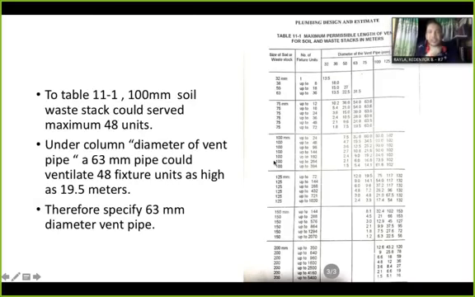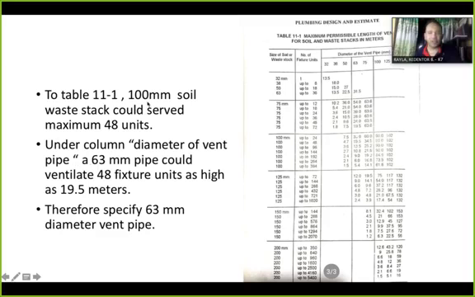So another illustration given is 100 soil and then maximum 48. What is 48? Fixture units. Under the column, the diameter of vent pipe, this one.